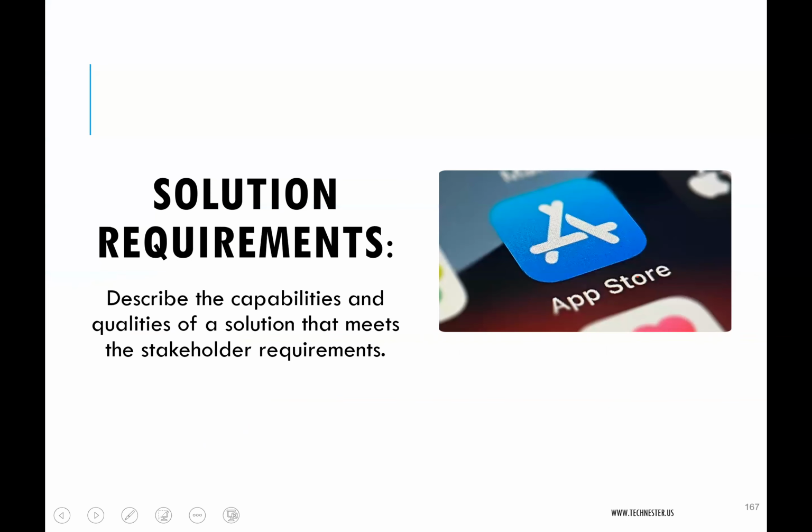Another type of requirement is your solution requirement. And like we saw, there are two types of solution requirement. But first, your solution requirements describe the capabilities and qualities of a solution that meets stakeholder requirements. So your solution requirement will describe qualities of a solution, capabilities of a solution that will meet the stakeholder requirement.